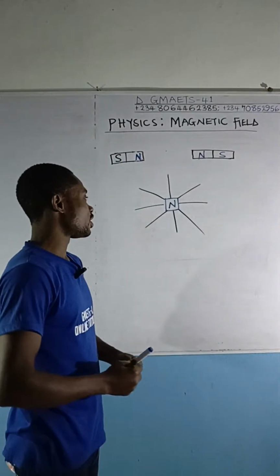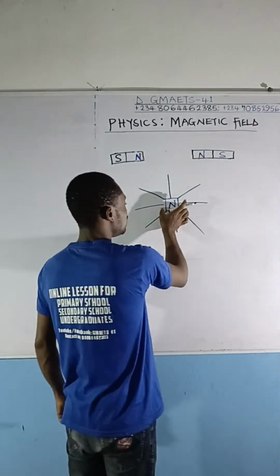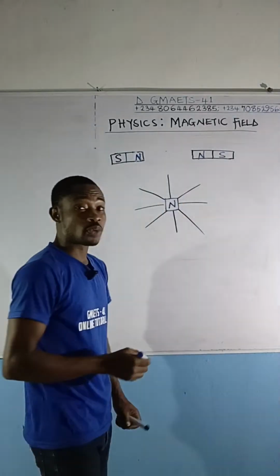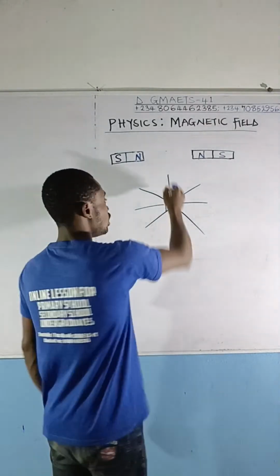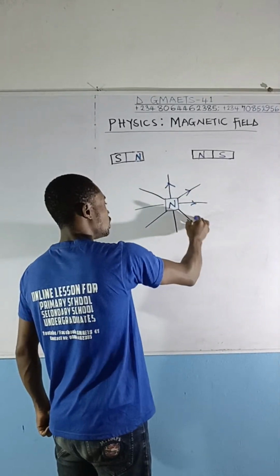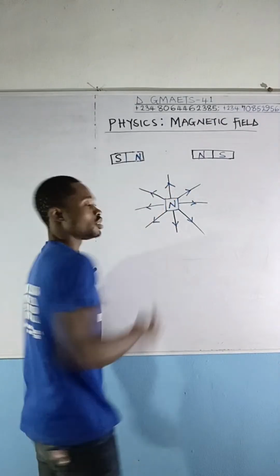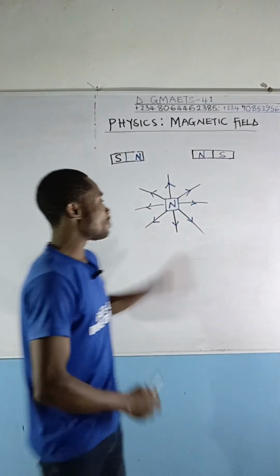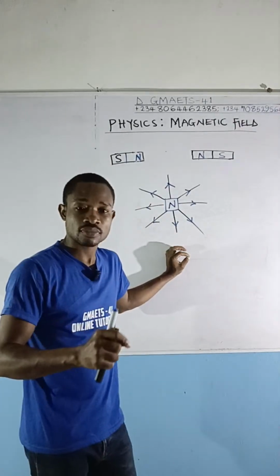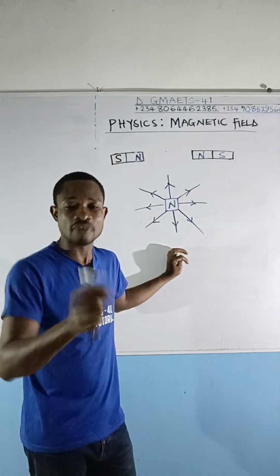Now let's say something of this kind. And then, because this is the North pole, I told you that the North pole behaves as positive. So the lines of force will be moving away from the North pole. Something like this. This is the magnetic line of force of a North pole of a magnet.